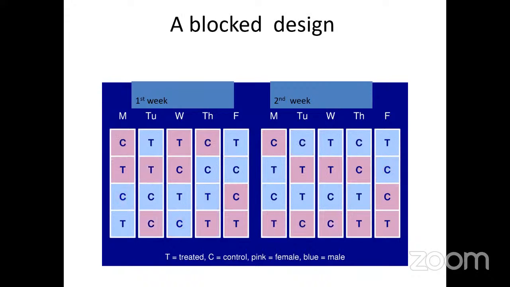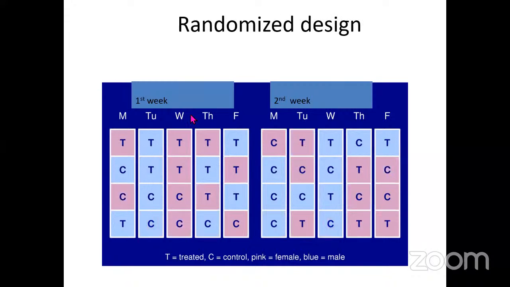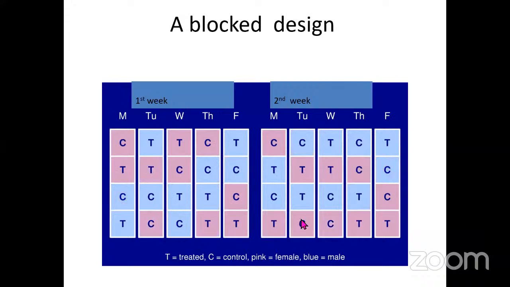Look at this. This is one of the best designs. This is a randomized design, it is quite random. We have mixed up the female and the male. We have mixed up treatment and untreated. If you look at both the weeks, we can even think of another design. This is called more of a blocked design.